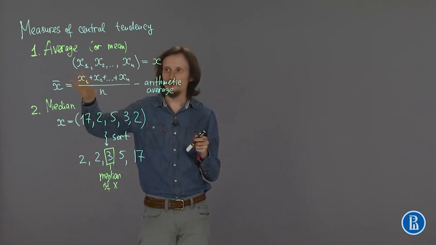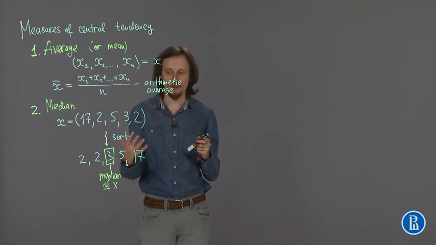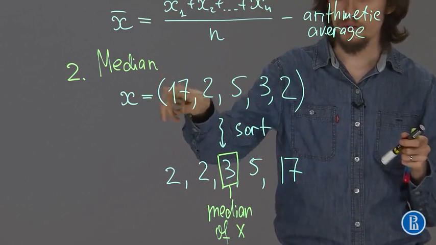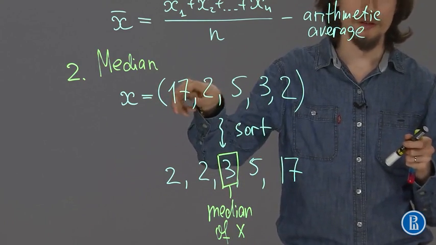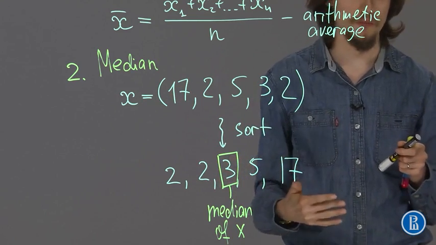Those people with very large incomes can affect average rather significantly. But for median, if I replace, for example, this number 70 with 70,000, it does not change median in this set at all.